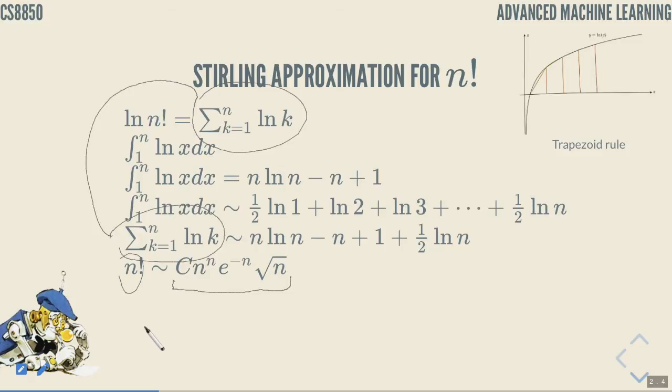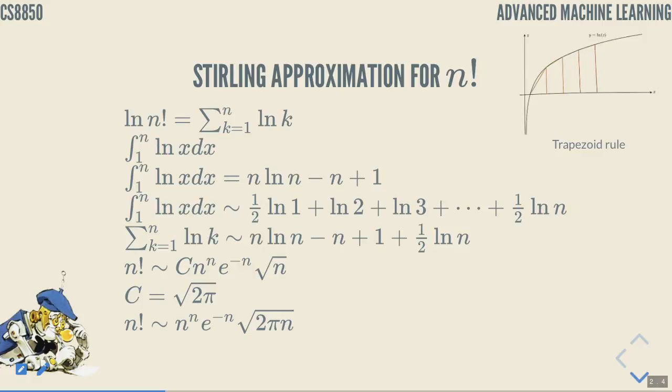And this factor c is actually the error that accumulates because of the trapezoid rule. It's not matching the logarithm completely, but we can show that it asymptotically approaches a number. We're not going to derive that number here, just to save time, but this number is square root of 2 pi. And we got our Stirling approximation formula for the factorial.